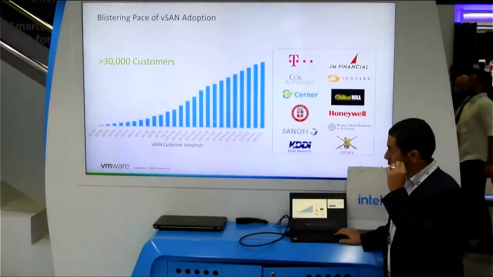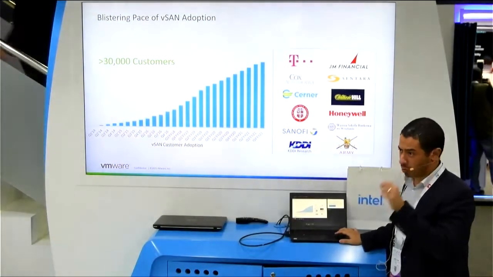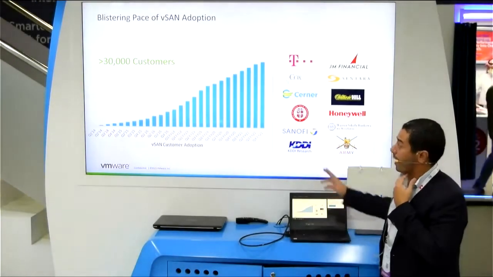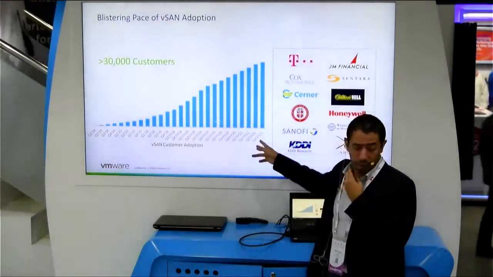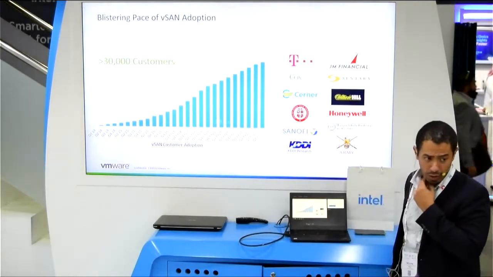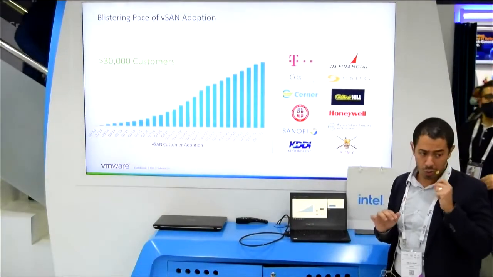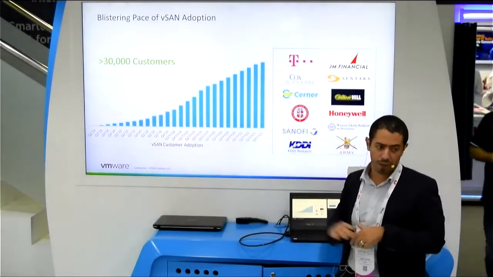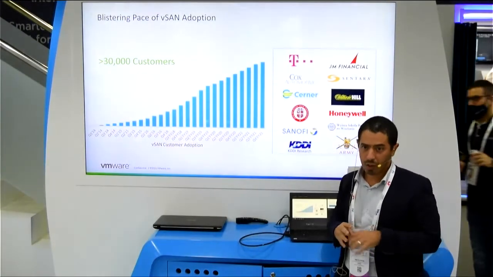I don't want to go through marketing slides here, but it's worth highlighting. Those are our references everywhere. A few months ago we celebrated having more than 30,000 customers running vSAN. The important thing to consider is the segment of these customers.